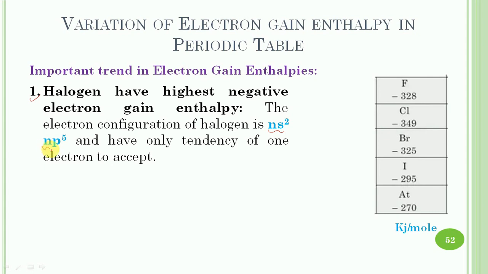They need only one electron so that they can acquire the noble gas configuration. Thus, they have a very strong tendency to accept an electron, and their electron gain enthalpy is very high. So they have the maximum electron gain enthalpy in the periodic table.